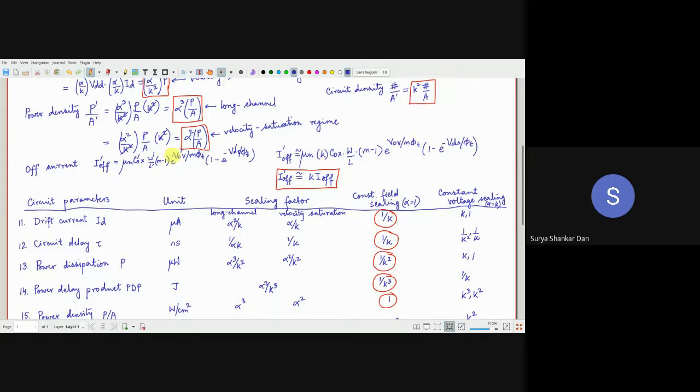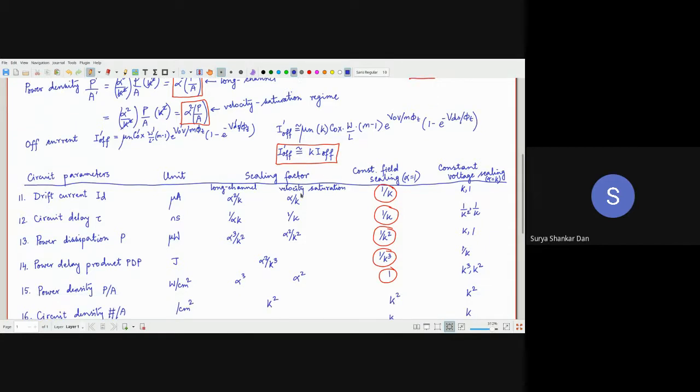All right. VOV scales, but VOV scales as a voltage, but there is also an exponential term, so that influence is very, very less. So what finally boils down to is this factor K. So that means your off current rapidly goes on increasing by a factor of K. So that means if you are scaling the technology from 14 nanometer to 7 nanometer, think about this, you are essentially getting roughly double the off current.